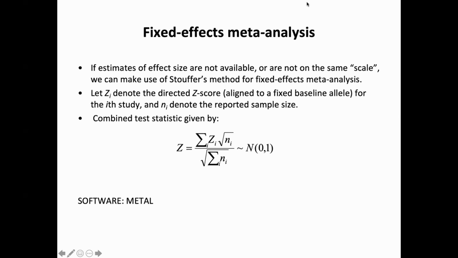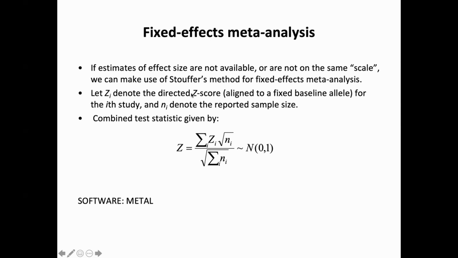There is an alternative for the analysis in case your effect sizes are not directly comparable. It's called Stouffer's method, and in that case, you will not use effect size with its standard error or odds ratio with its confidence interval, but you are rather using p-values from your results and sample size n in the calculation.